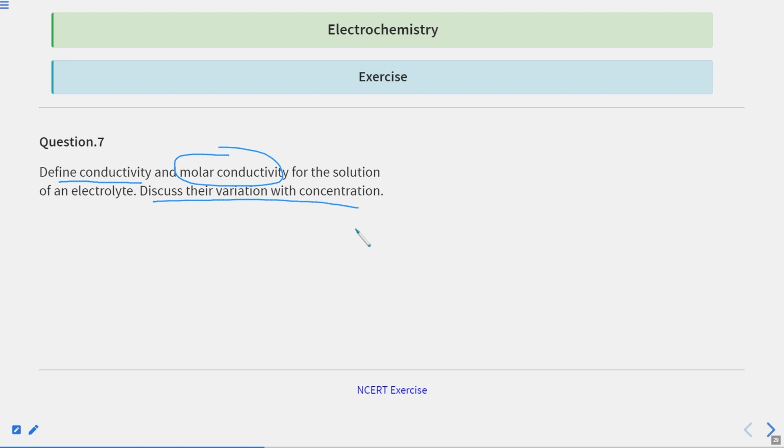Now if I talk about conductivity, then conductivity decreases with dilution. Okay, it's a clear relation, and molar conductivity also decreases. We must have seen this graph which goes like this.